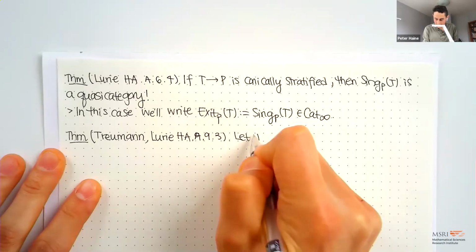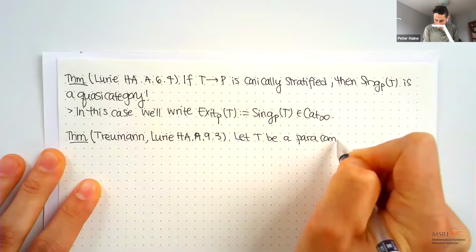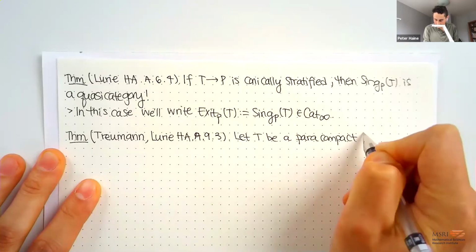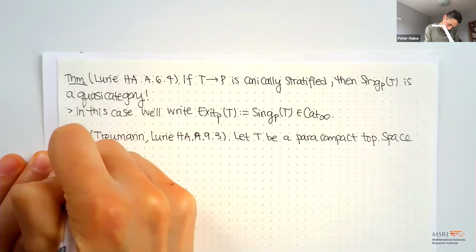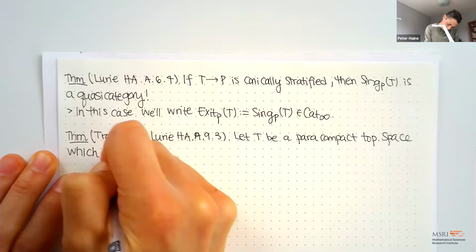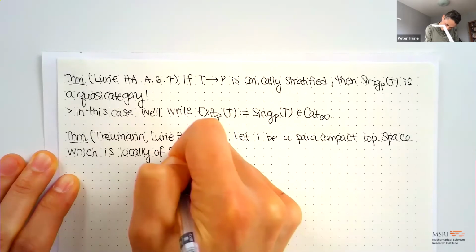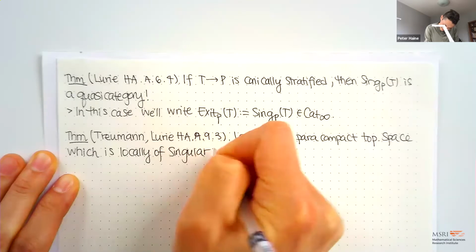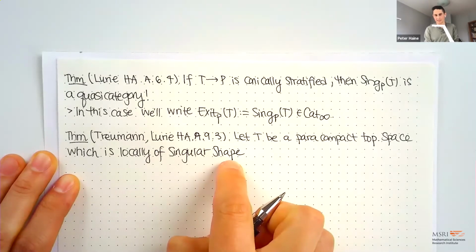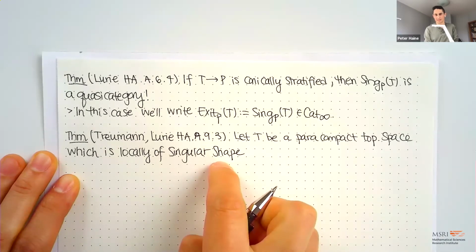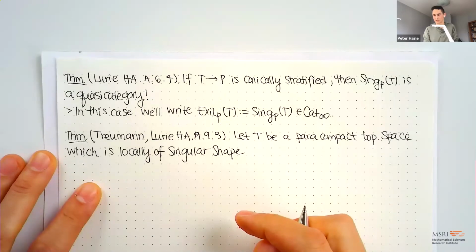Let T be a paracompact topological space which is locally of singular shape. This just means that the monodromy thing that Clark talked about in the first talk, your space is nice enough for that equivalence to be true.